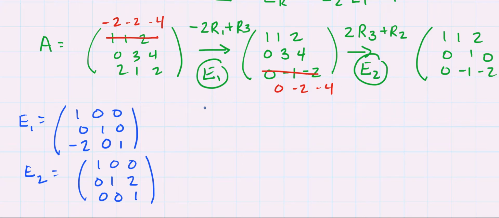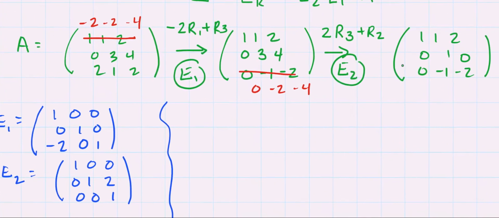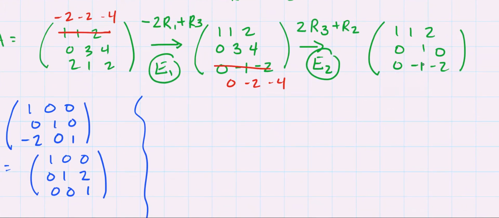Great. Let's put a little line here so we can continue this. Notice that I have a 1, 2 here and a negative 1 and negative 2. So if I just add row 3 to row 1, it's going to cancel these out. So I'm going to take row 3 and add it to row 1. This will be E sub 3.